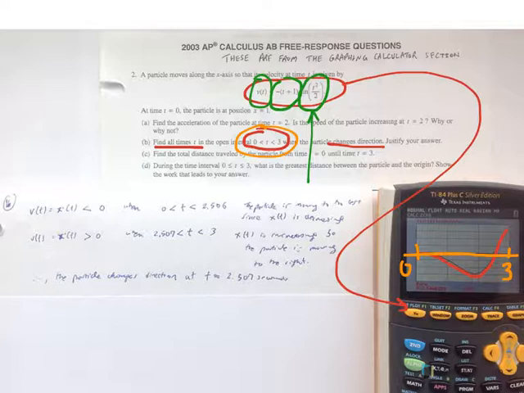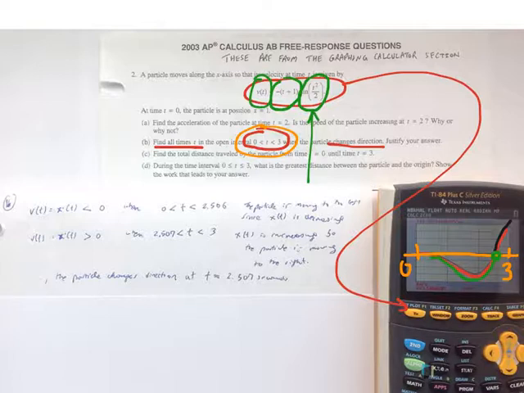So on this portion of the graph, the velocity is negative, and we know that when the velocity is negative, the object is moving towards the left. And on this portion of the graph, the velocity is positive, and when the velocity is positive, the object is moving to the right. So at what time will the direction of the object change? The direction will change here, where the velocity graph intercepts the x-axis.